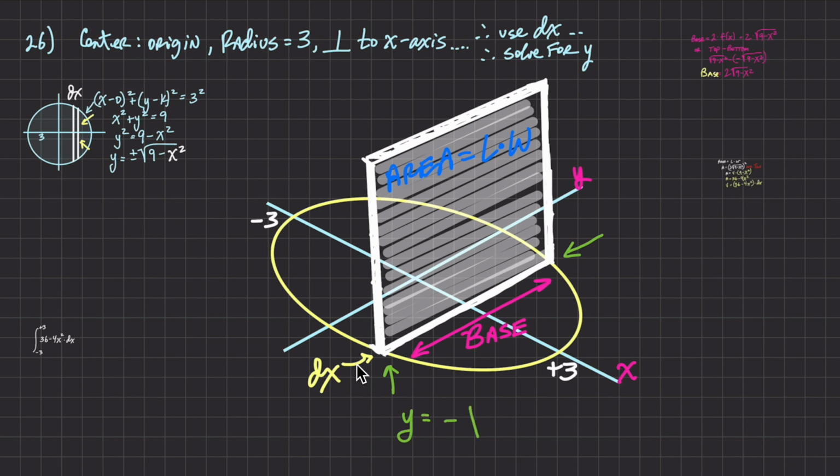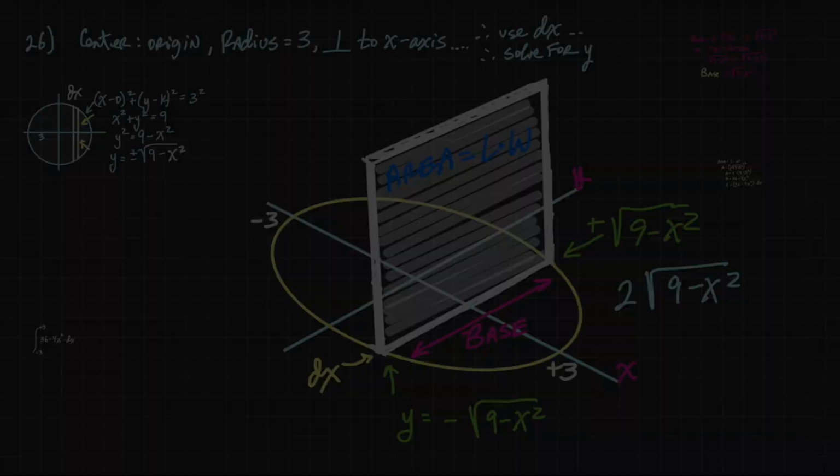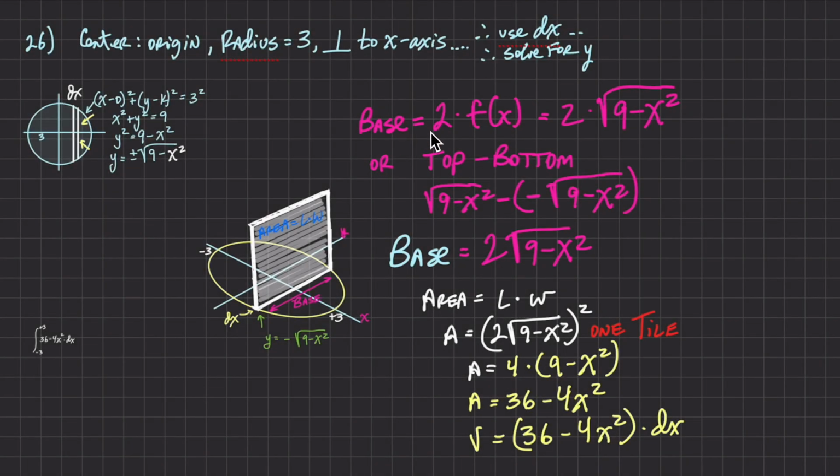This is negative square root of 9 minus x squared. And the top version is positive square root of 9 minus x squared. So when you do top minus the bottom, these two minuses turn into a positive. So our entire length of that base is going to be 2 times the square root of 9 minus x squared.